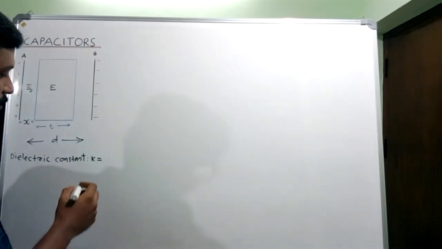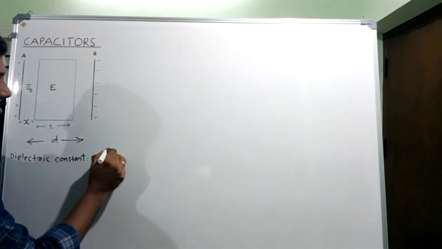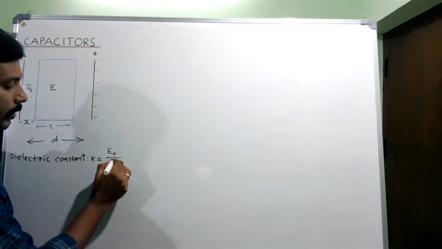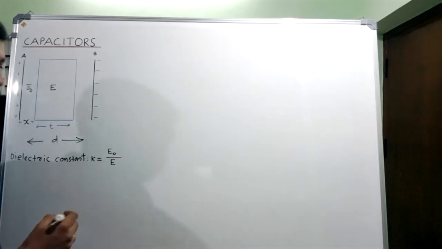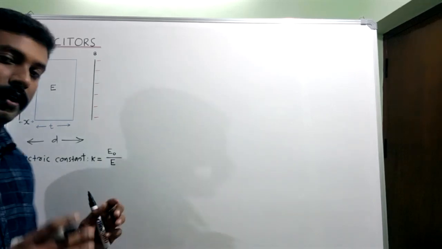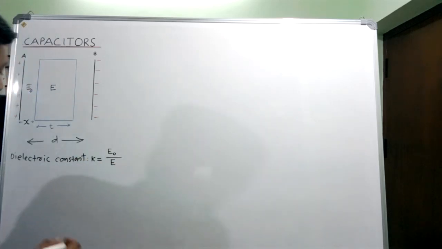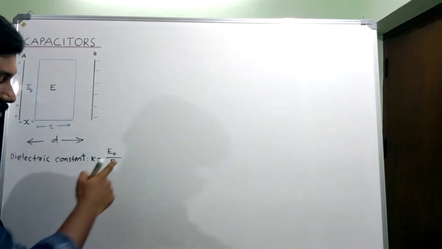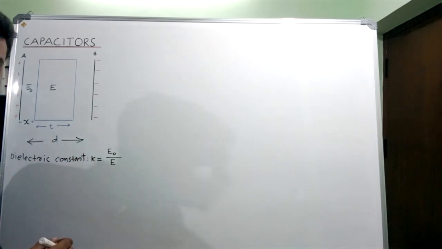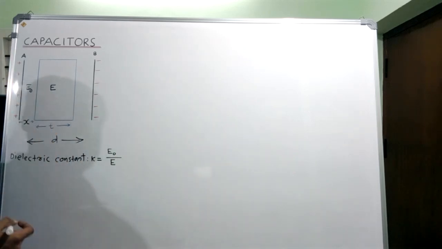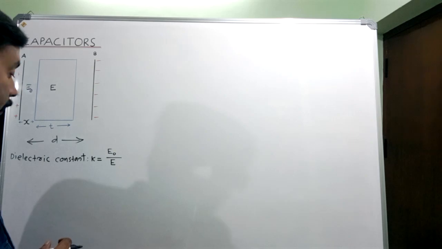The dielectric constant K is defined as the external electric field divided by the reduced electric field developed inside this insulating slab or dielectric.